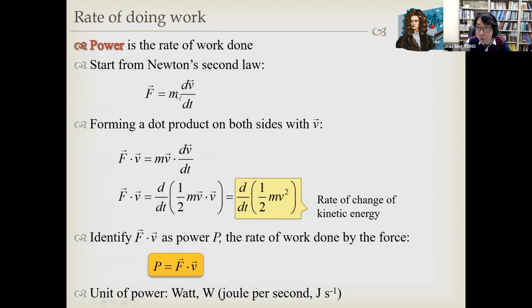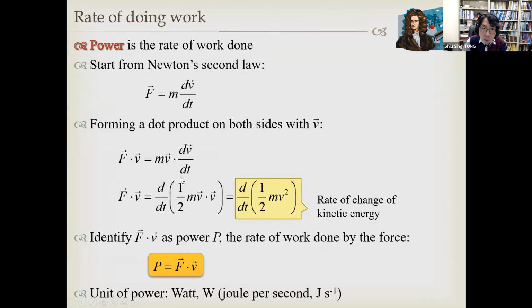So we do it with a vector form. So F vector is equal to m dv dt, where v is a vector. Now we would like to form a dot product between the force and the velocity. So F dot v on the left hand side is equal to m v dot dv dt. We just form a dot product of the equation on both sides with the velocity v.